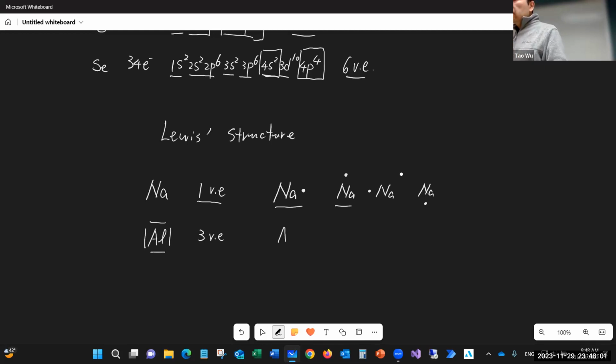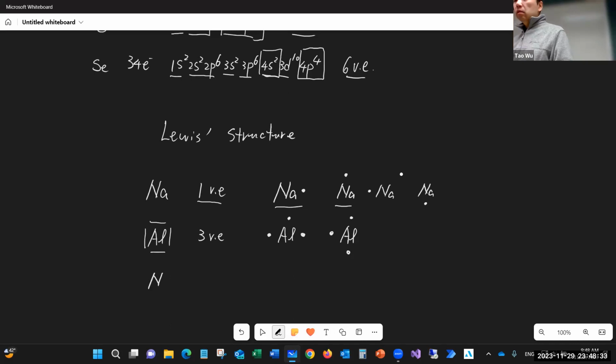So for aluminum, you write Al, then you put the 3 dots. That's it. It doesn't matter which sides you choose. As long as you have 3 single dots on the outside of aluminum, that's it. Again, for elements, you always put the single dots first.